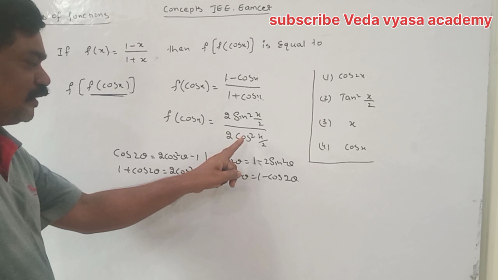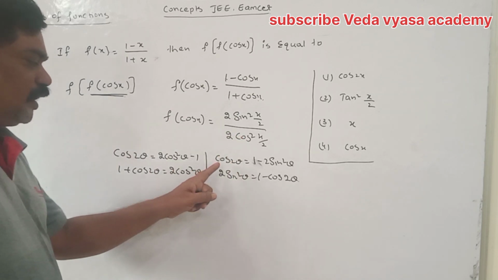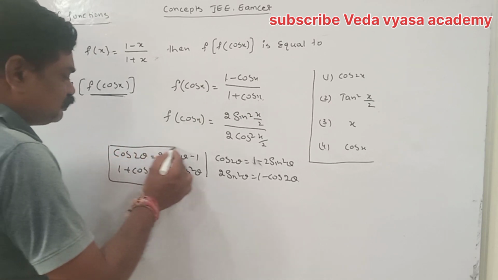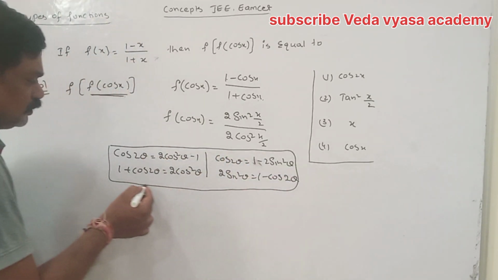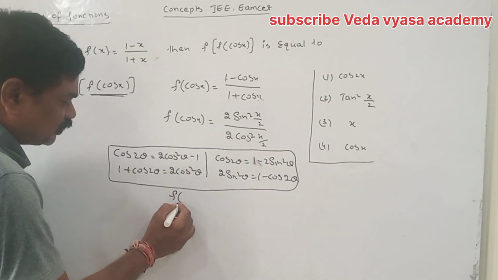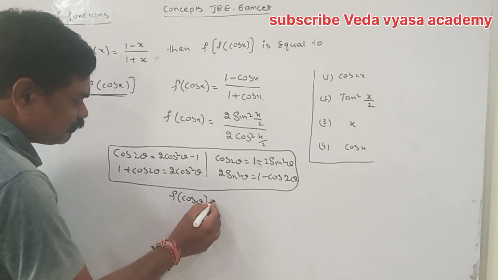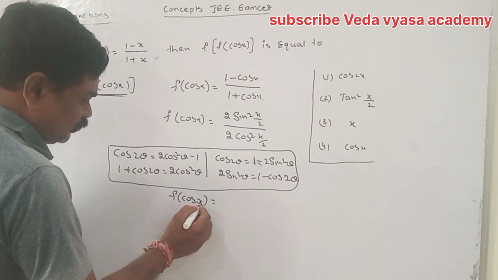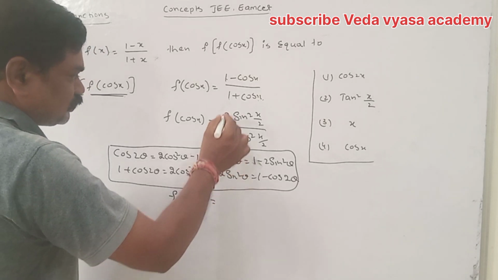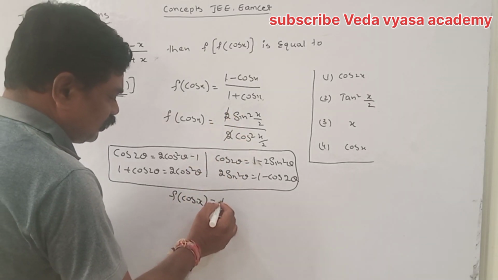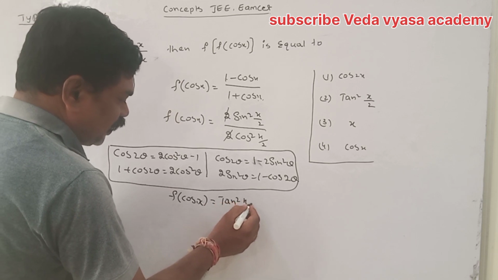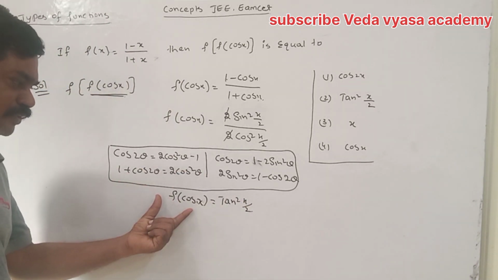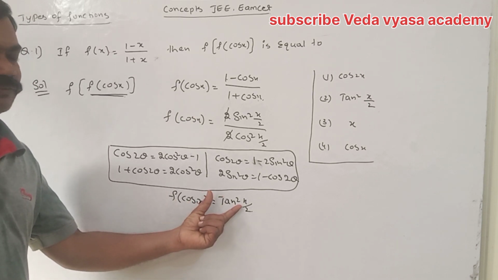I applied that formula here, and here also. So f of cos x, this cancels, and we have tan square x by 2.